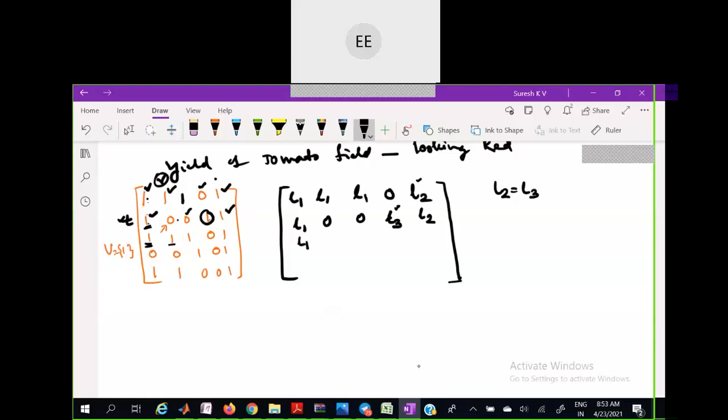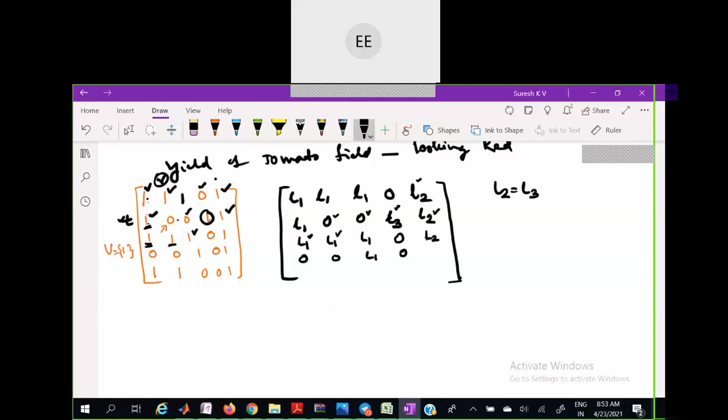Now when I come to this pixel, the only pixel that I have labeled already is this, and that label is L1, so copy that. When I come to this pixel, I have to look at this and this, but this is 0, only this is 1 and it is labeled, so you copy that label. When I come to this pixel, again these two are already labeled, one of them is 0, therefore I don't have any ambiguity, this is L1, 0. When I come here, only this pixel is labeled, therefore it is L2. When there is a 0, I don't need to worry. When I come here, it is L1.